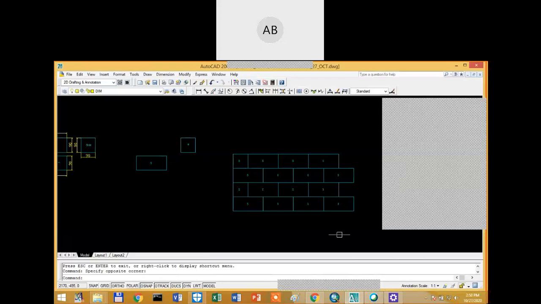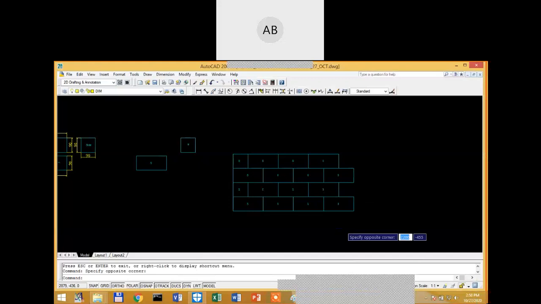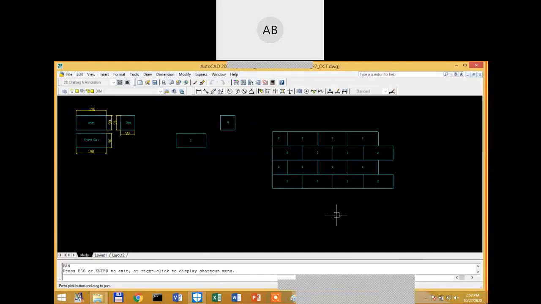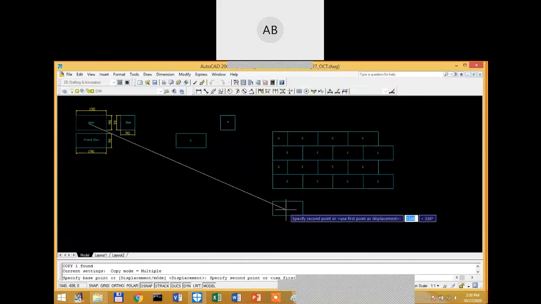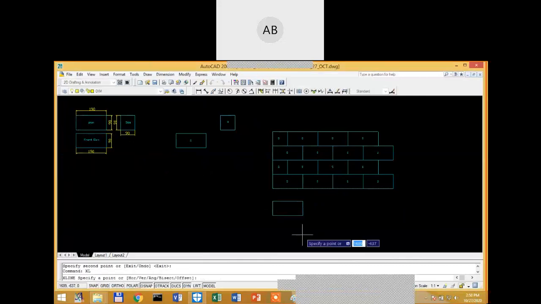So this is the elevation. If you want to see the plan view, in this case, I should bring this plan from here as a block and then put it there. Again, I use the construction line to align it.